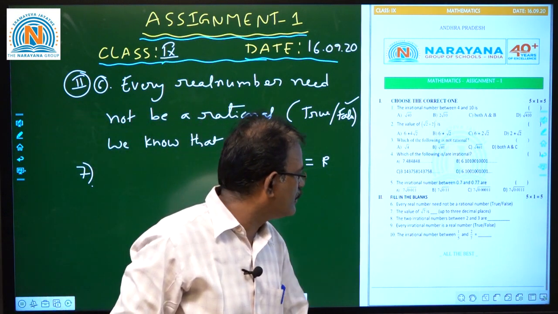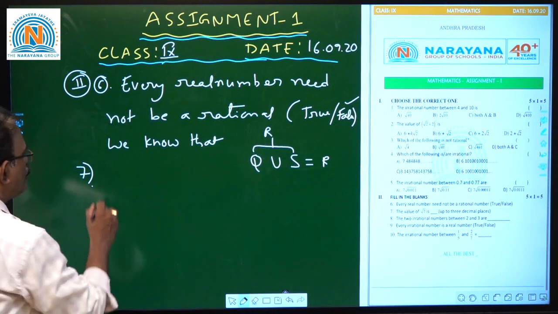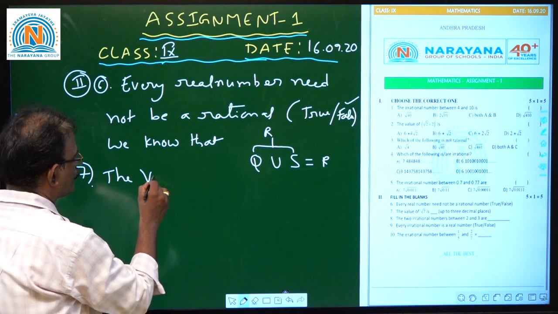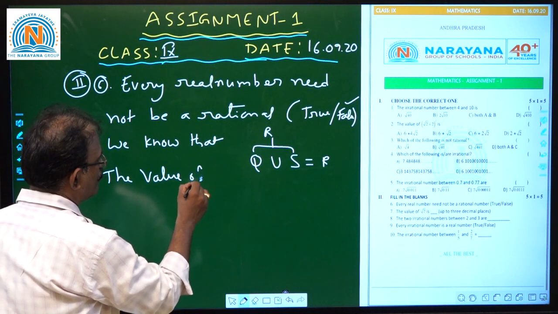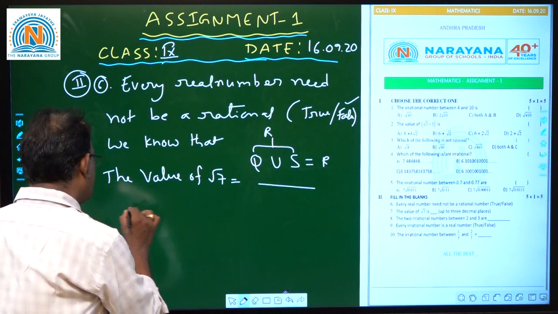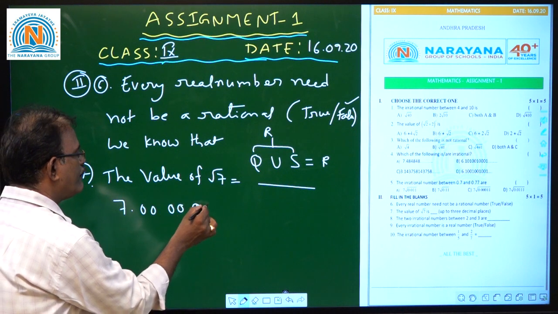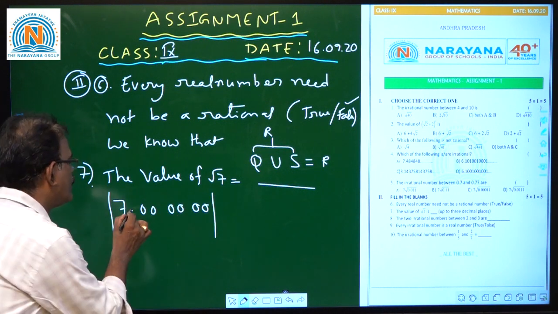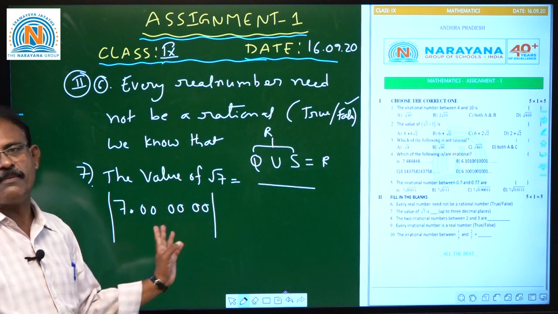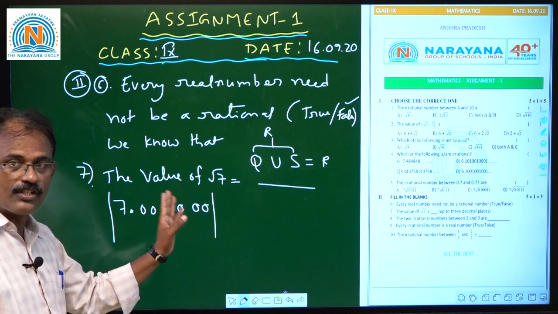And our next question: the value of root 7 up to 3 decimals. Let us go through the long division, children. If you want 3 decimals, after the decimal point keep 6 zeros, 3 pairs of zeros.